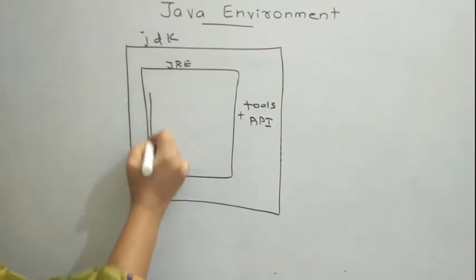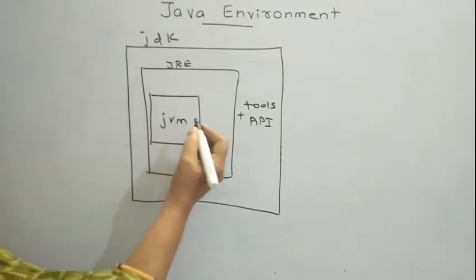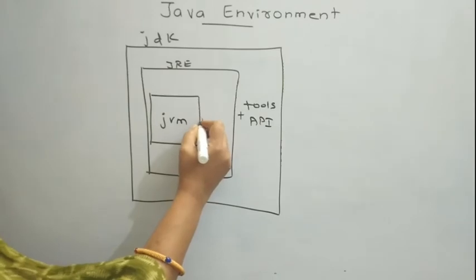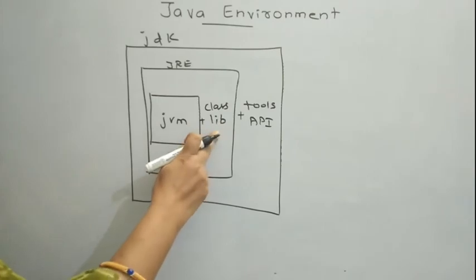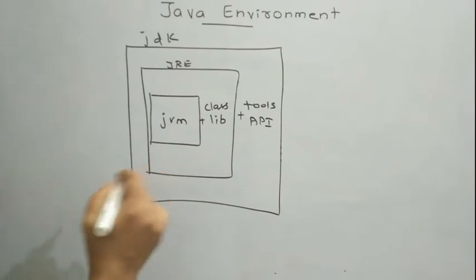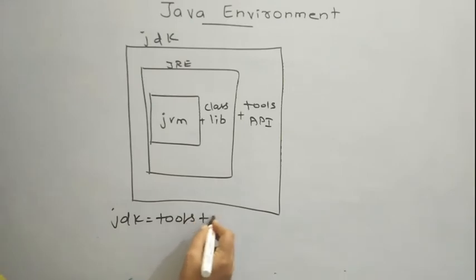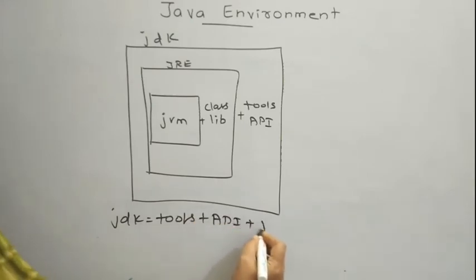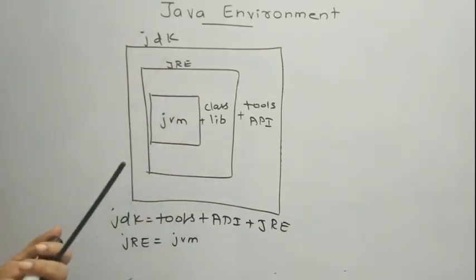JRE contains JVM, that is Java Virtual Machine, plus class libraries to execute a Java program. JDK contains tools plus API plus JRE, and JRE contains JVM. How is the JVM going to execute a Java program?